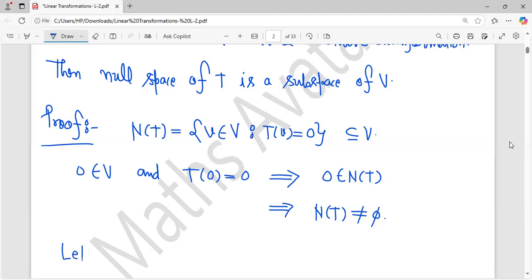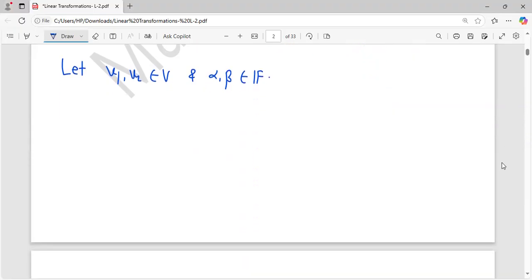Now let v1, v2 belong to V and alpha, beta belong to the field. v1, v2 belong to N(T).